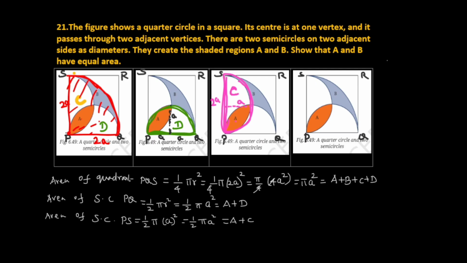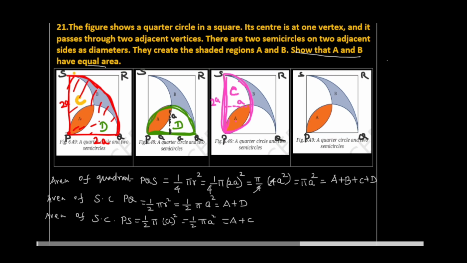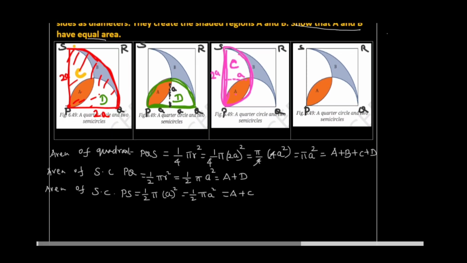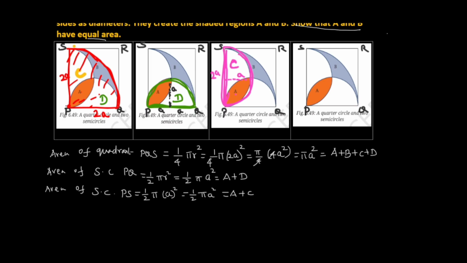Now we want to show that A and B have equal area. We need to prove area A is equal to B. Compare these two. Say this is 1, this is 2.